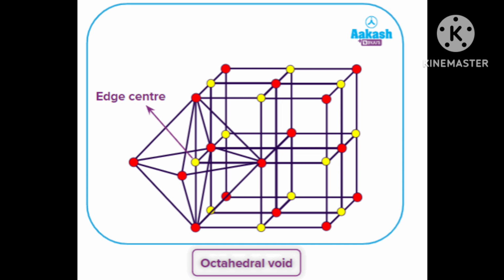Now, you have seen there are 12 edges. Due to those edges also an octahedral void is there.